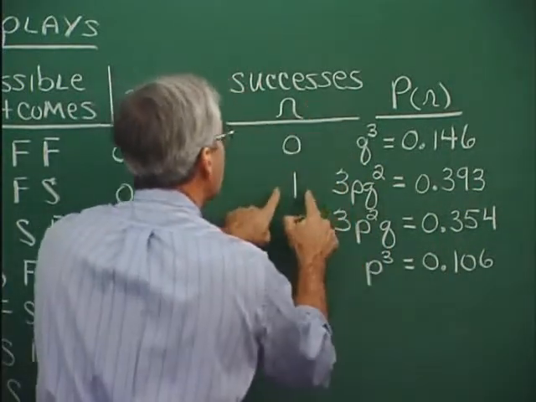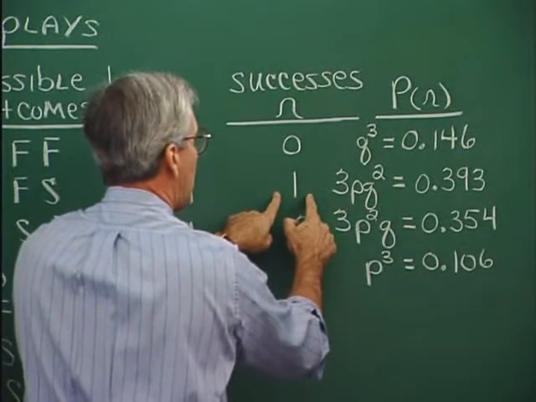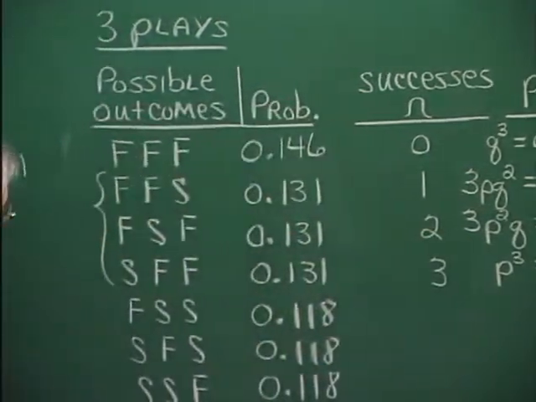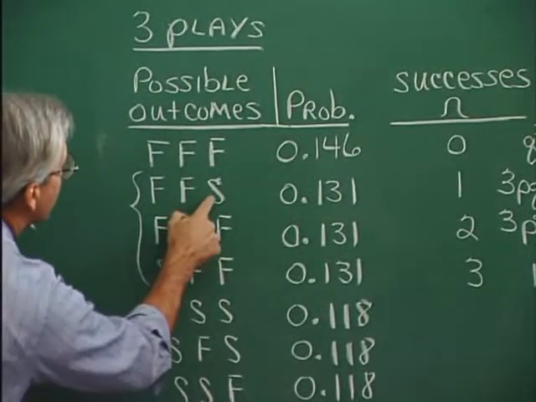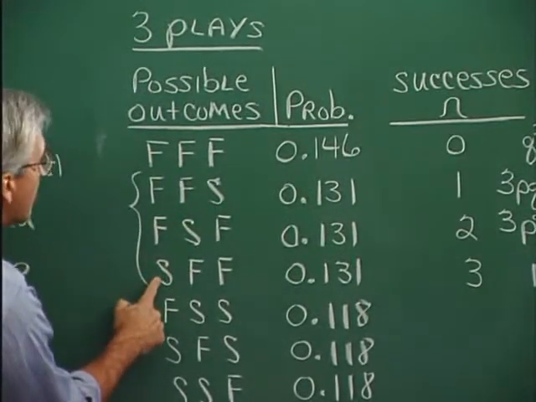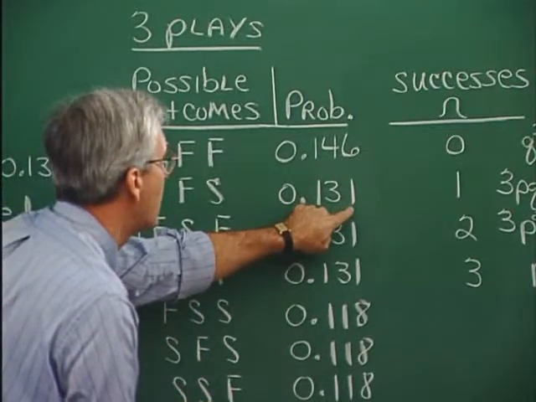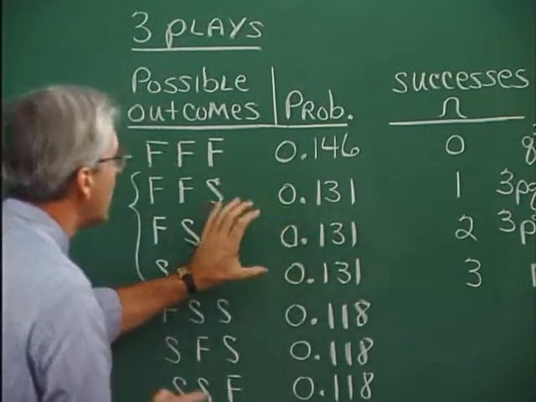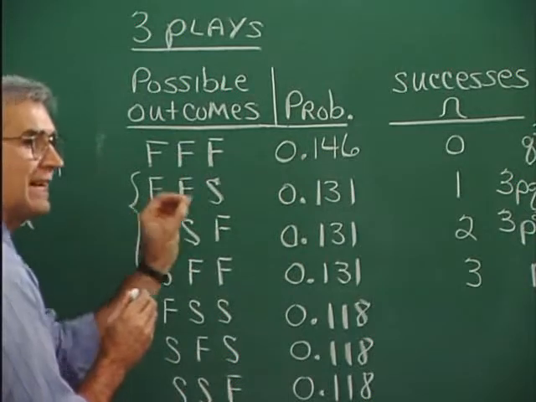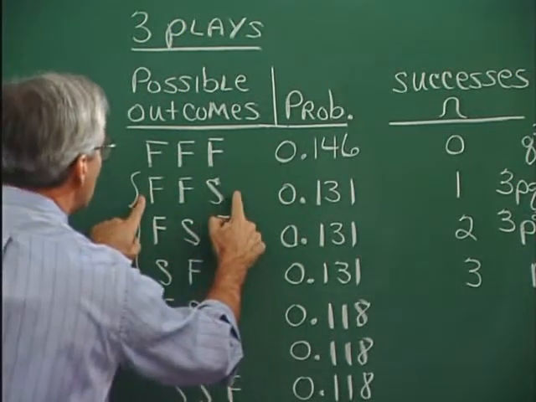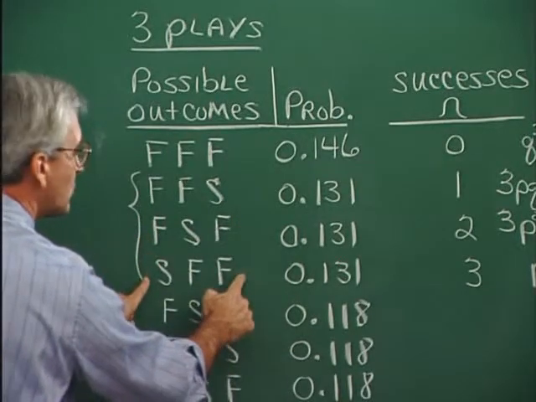Now, for one success to occur, let's come back over here. All of these items have one success in them. Each one of them is 0.131. Now, the probability that we're going to have one success is the probability of this one or that one or this one.